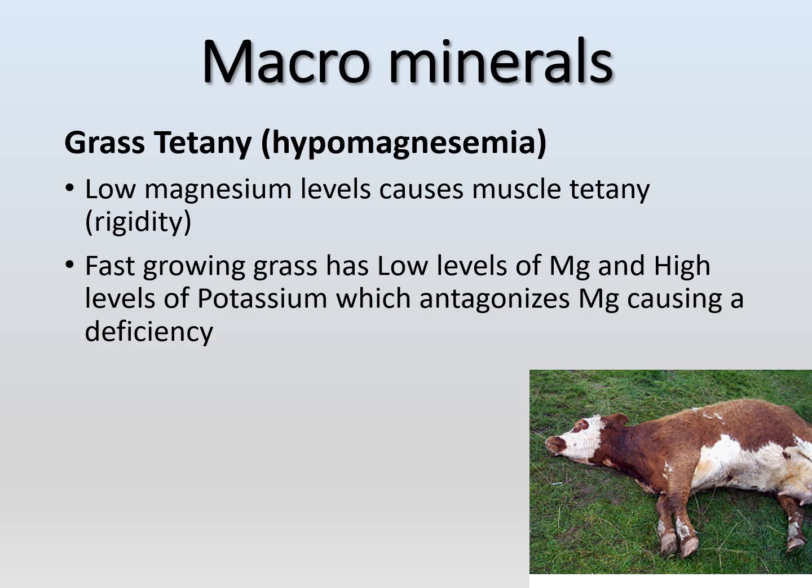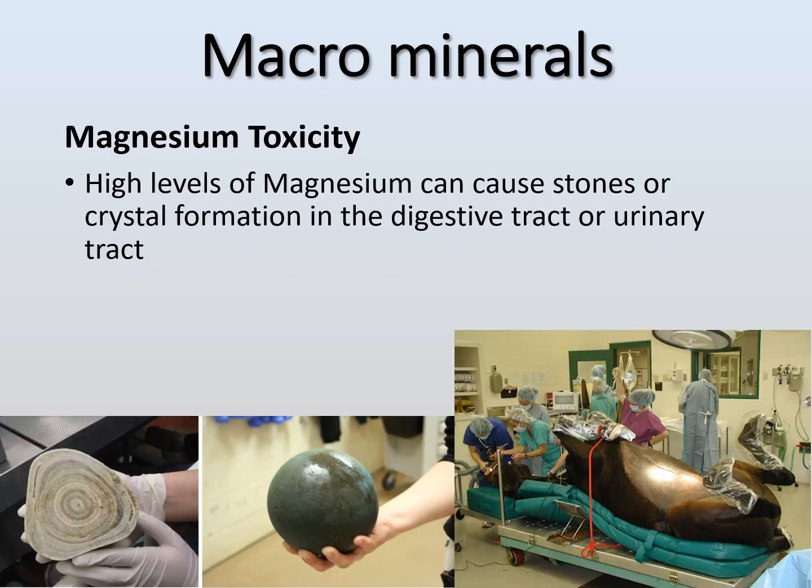So potassium can antagonize magnesium, meaning it blocks magnesium, and therefore it kind of causes this deficiency. So not only do you have lower levels of magnesium, but you're also blocking magnesium as well, so that you get this overall significant deficiency in magnesium. And so they call it grass tetany because of these areas of fast-growing grasses. It can happen in those areas. So we see it in some cattle, okay?